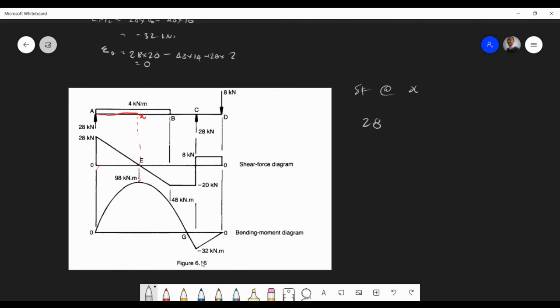But now our UDL, remember, is not completely 12. Can someone tell me what the load is now for the UDL? That's force times distance. What is it? It's load times distance or span.